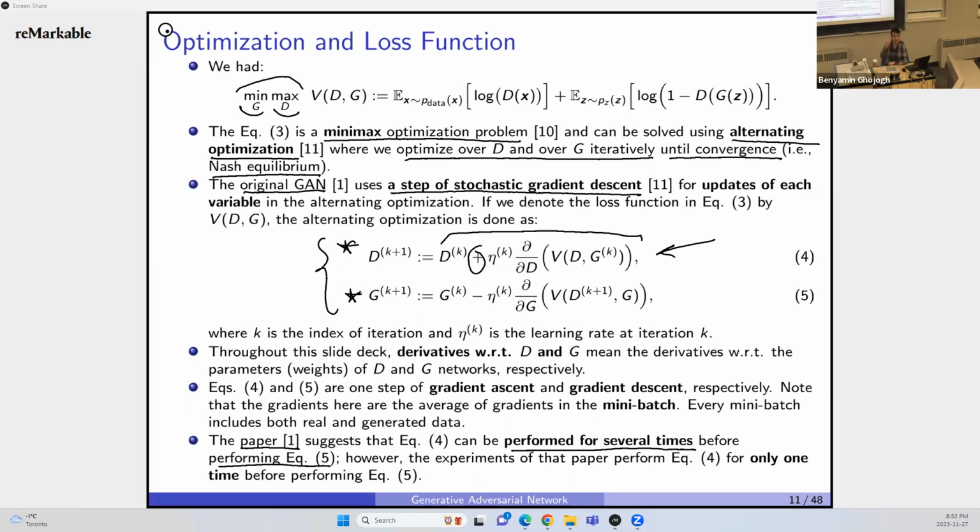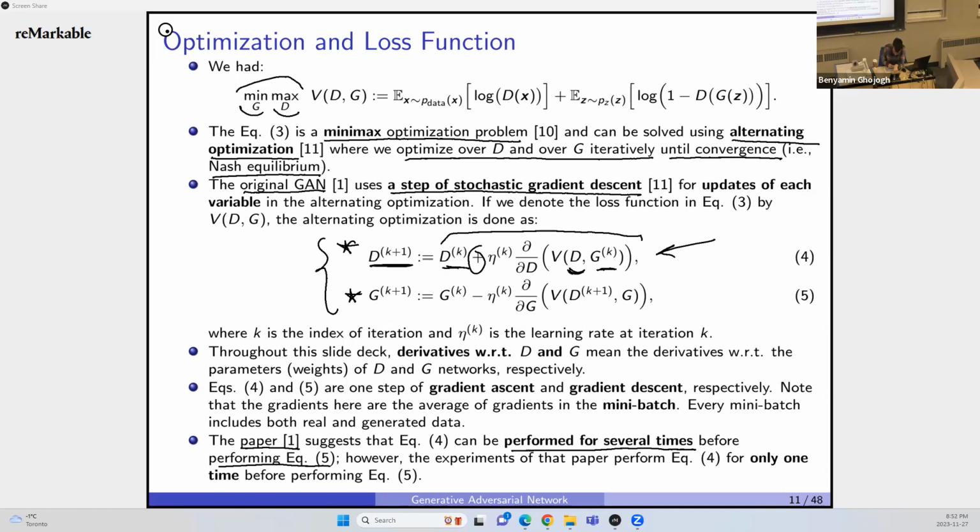Note that here, this is important. Here, I'm using D_k, the previous discriminator, okay? Here, it is D because this is my optimization variable. But I'm using the previous generator as well, G_k, okay? And this gives me the next D, D_{k+1}, agreed?